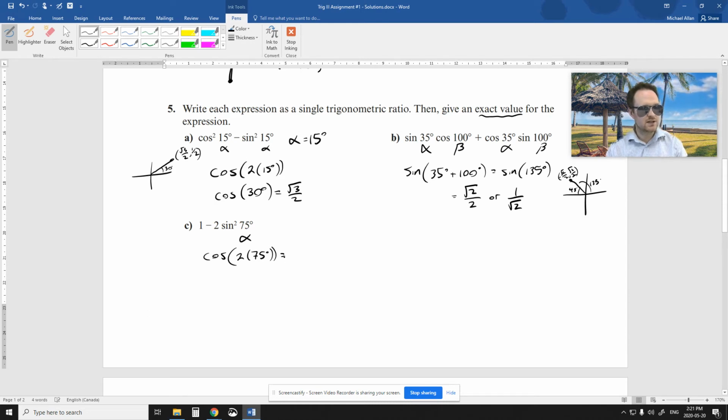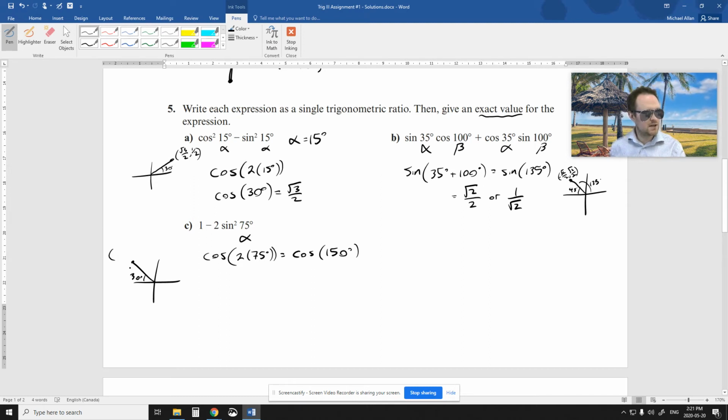So what's 2 times 75? 150? Probably, which makes sense. Okay, 150. So this will be cos 150. So where's cos 150? So we're going to look at the picture. 150 reference angle is going to be 30 degrees.